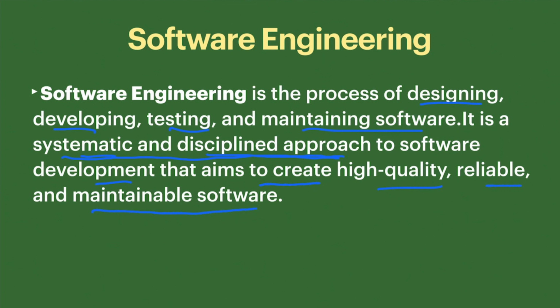It is a systematic approach because when we develop software, we follow all the principles of software engineering. Without following these principles, we cannot create good software. The aim of software engineering is to create high quality, reliable and maintainable software.